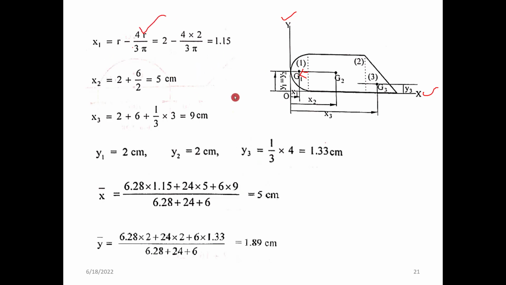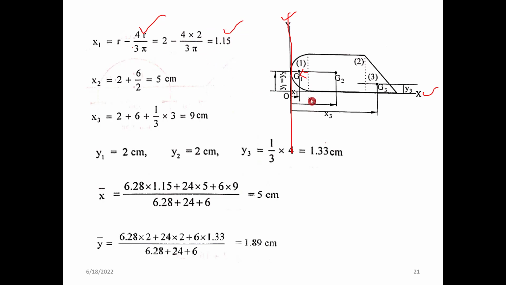So we need the x1 from the extreme left axis. So r, the total radius, minus 4r by 3 pi will be the x1 distance, right? So you got it as 1.15.